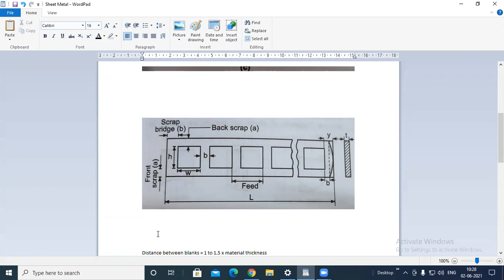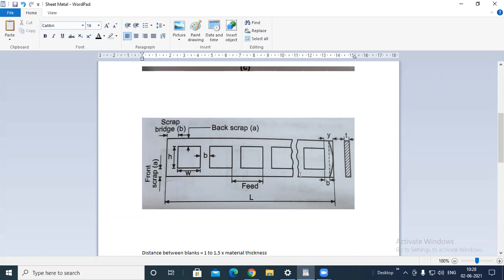At that time these thumb rules are important. So the first one, to calculate the distance between blanks, the formula is 1 to 1.5 mm times the material thickness.